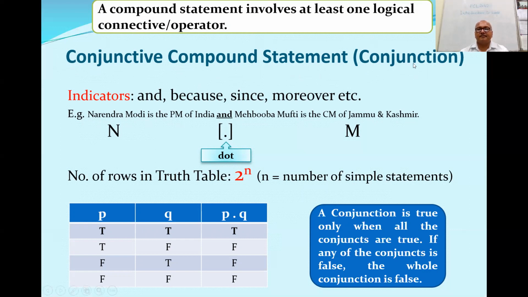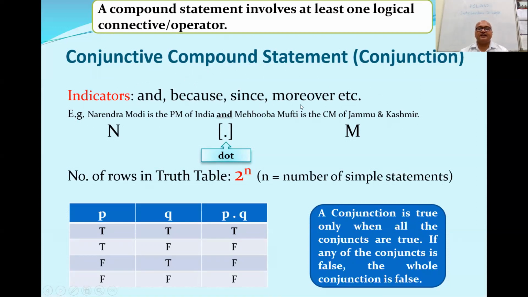Conjunction is the short form which we adopt for conjunctive compound statement. And which kind of statements are conjunctive statements or conjunctions? We find certain indicators, the way we have discussed certain indicators with respect to the identification of conclusion and premise in an argument; we are following the same pattern.